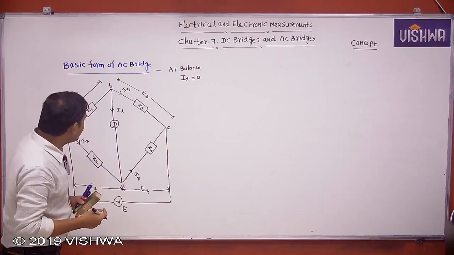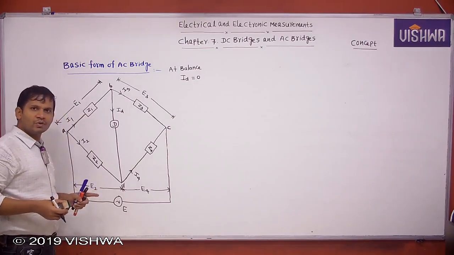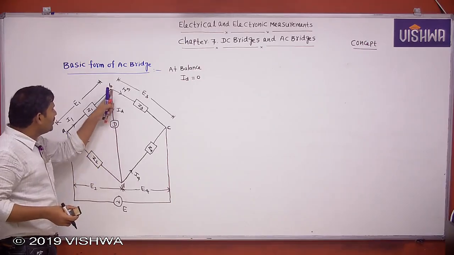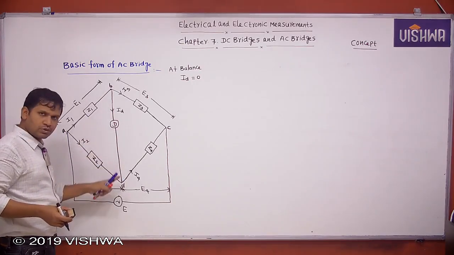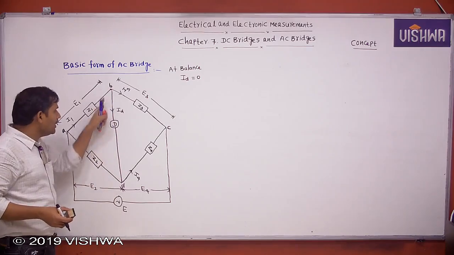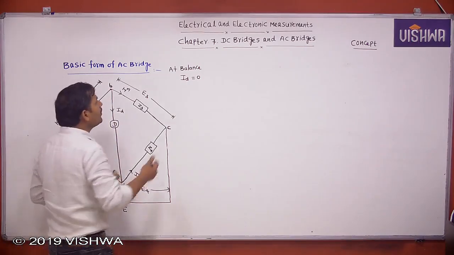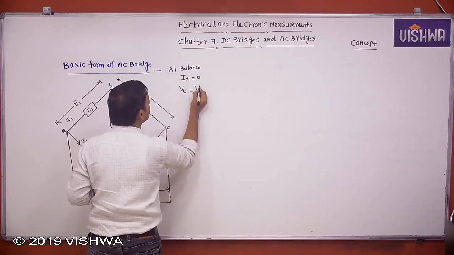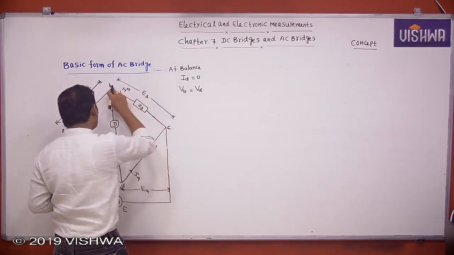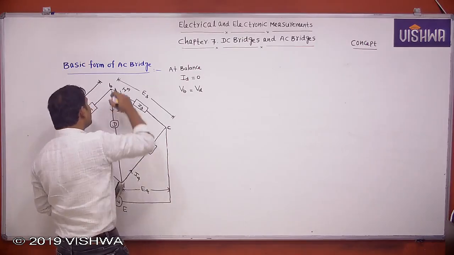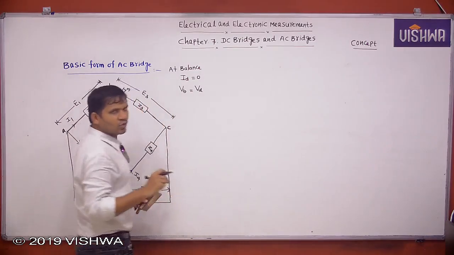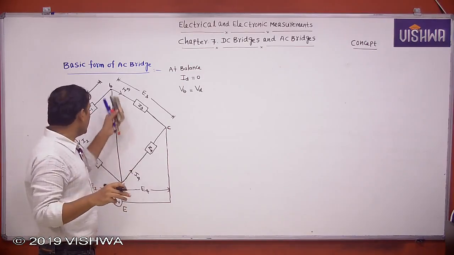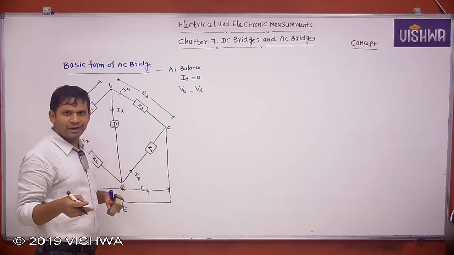If the potential difference between these two nodes is 0, or VB equal to VD. If ID equal to 0 means VB equal to VD. The voltage at node B and node D is equal, the potential difference becomes 0, then there is no current. For the flow of current, there must be some potential difference. But if VB equal to VD, there is no current through the detector.